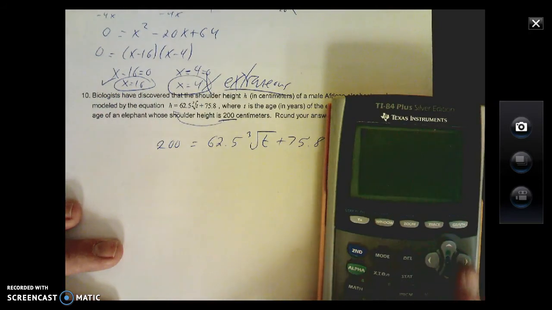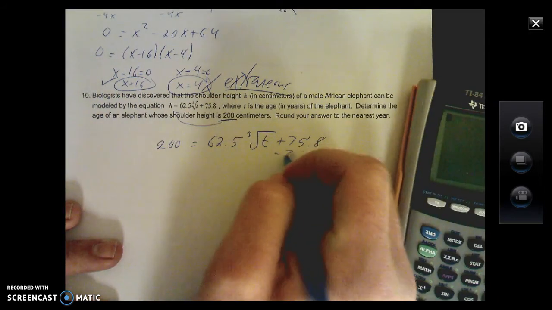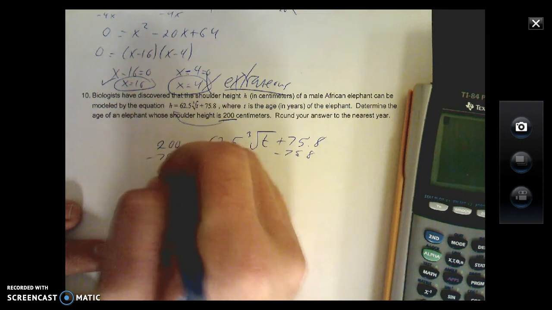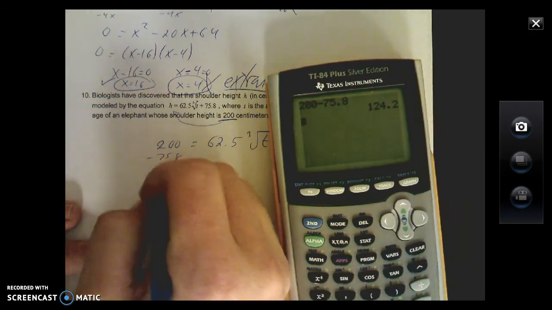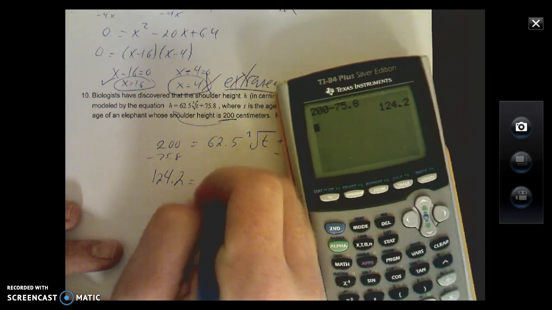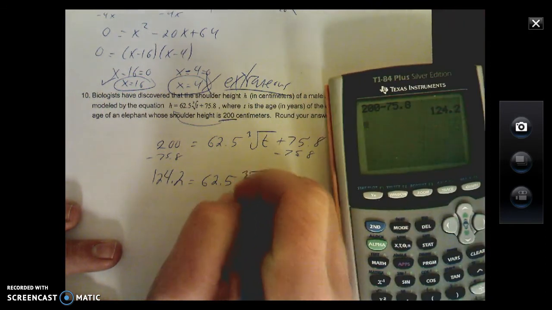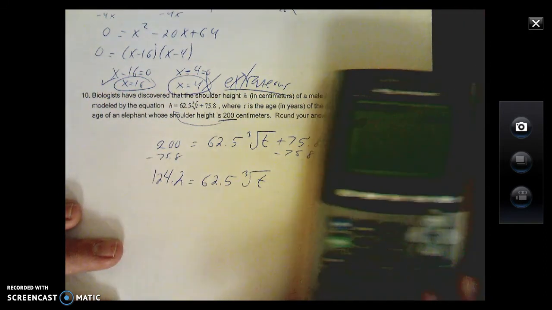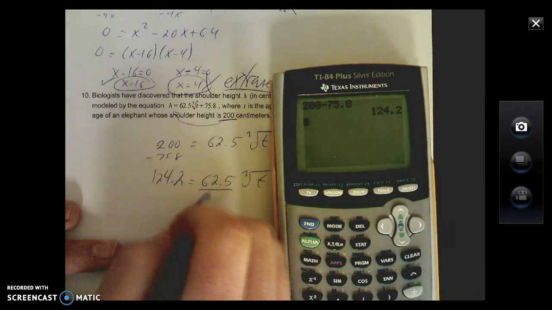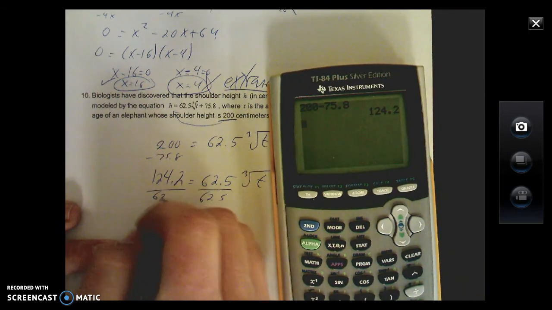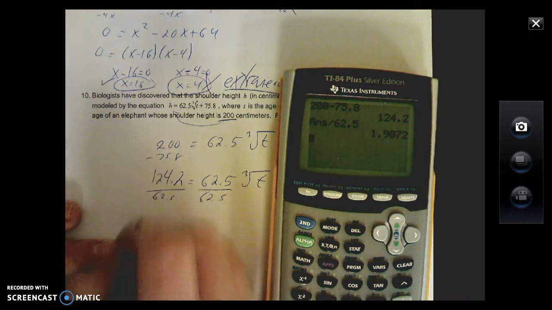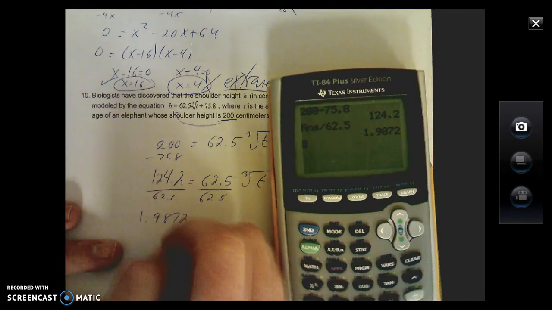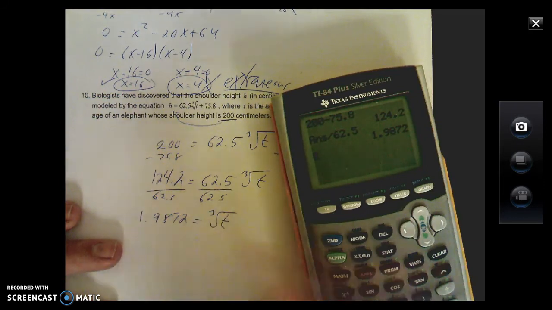Okay, so I need to subtract 75.8 over. 124.2 equals 62.5 cube root of t. I'm then going to divide both sides by 62.5. 1.9872 equals cube root of t. Notice I'm keeping every decimal place.